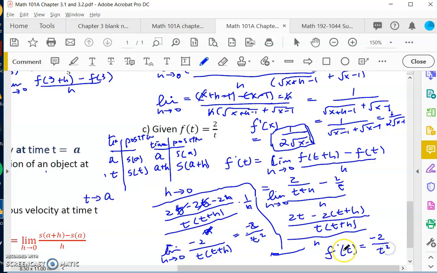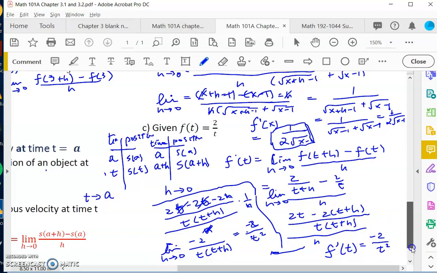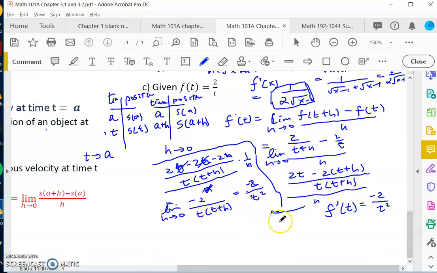If I want the tangent line slope, f prime of 1, I'll put it in, negative 2 over 1. If I want the slope of the tangent line at 3, I need negative 2 over 3 squared. This is easier to find the slope of the tangent line because you actually have a function on hand. Okay, I actually have more space here.